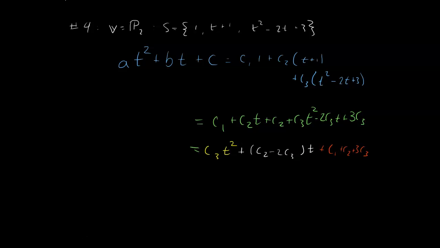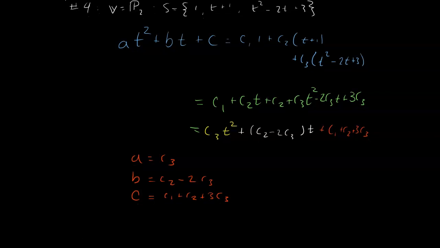And then the question is, for an arbitrary a, b, c, can we match these? Well, a would then have to be c3. b would have to be c2 minus 2c3. And the last c would have to be c1 plus c2 plus 3c3. So if I can do this, then I would be set.